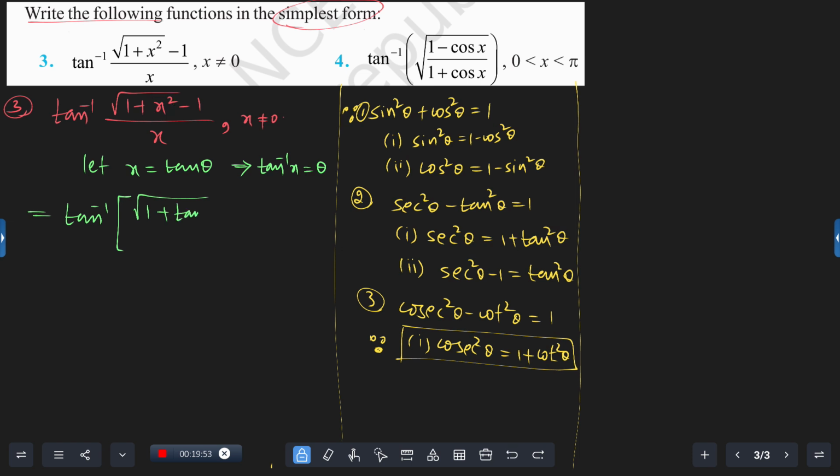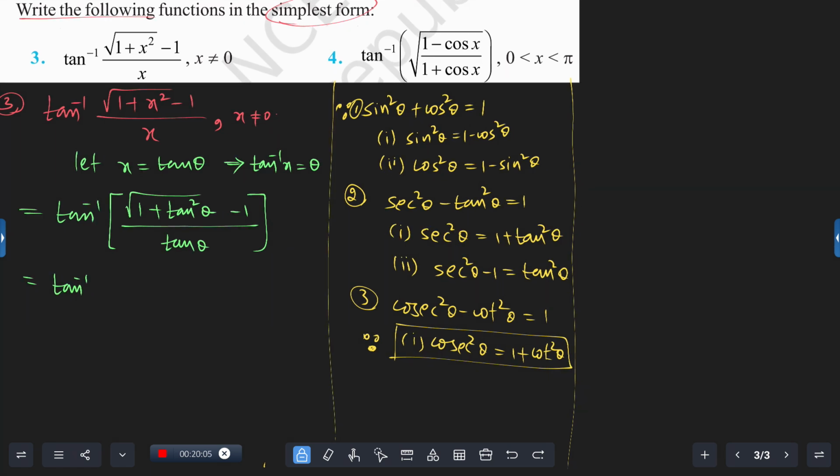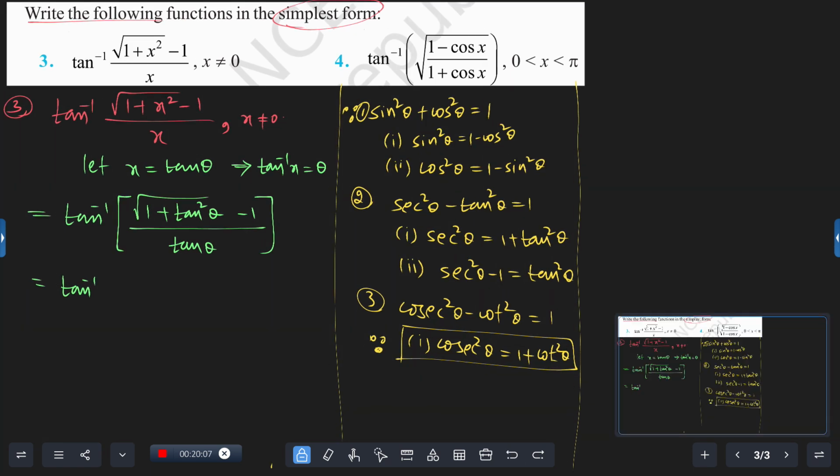So that tan square theta minus 1 outside whole divided by, and this is x also tan theta again in a denominator. So let's simplify this. Then what I am getting here, tan inverse, what is 1 plus tan square?